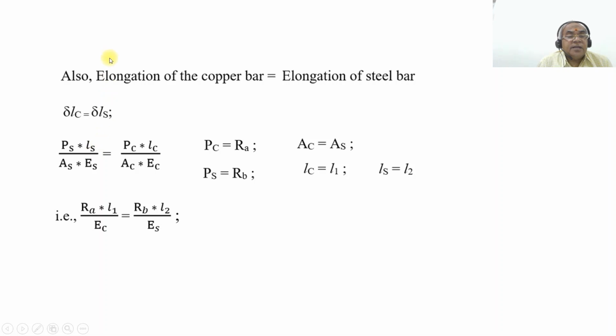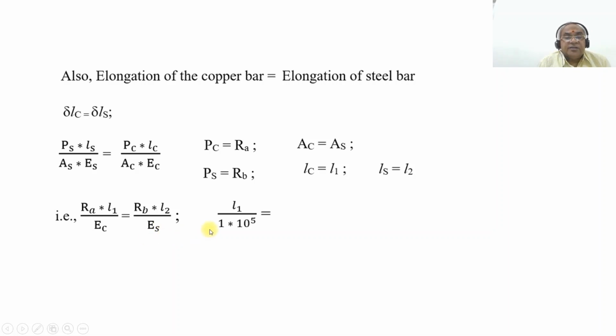PC is RA, into the length of the copper bar L1, by EC, will be equal to PS, which is nothing but RB, into the length of steel LS, which is L2, by ES.